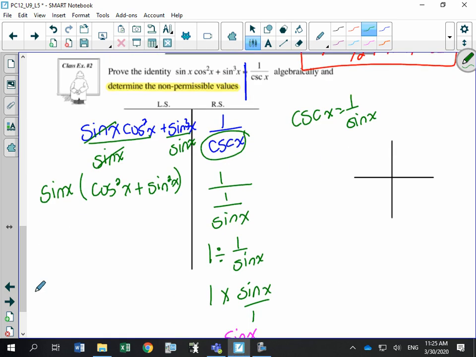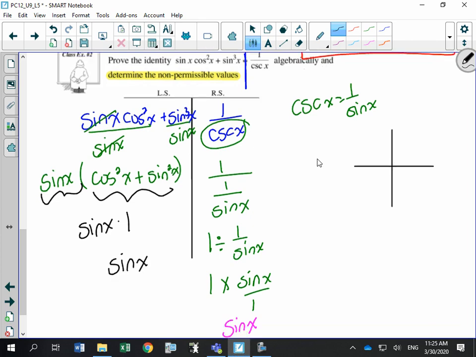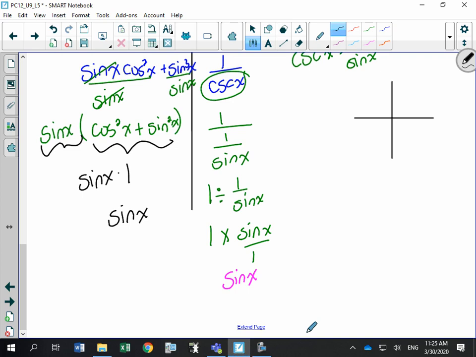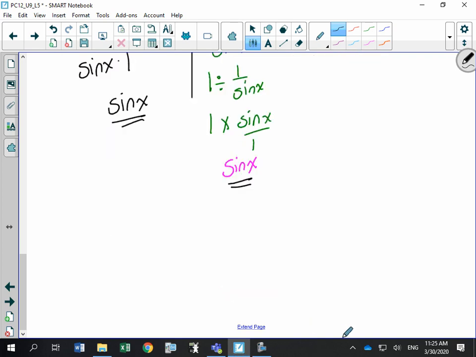So what can I do? I could say this is the same thing as writing 1 times the sine of x. 1 times the sine of x is simply the sine of x. So I hope that everybody's seeing left-hand side is equal to right-hand side. And what I've done is I have proven that identity.